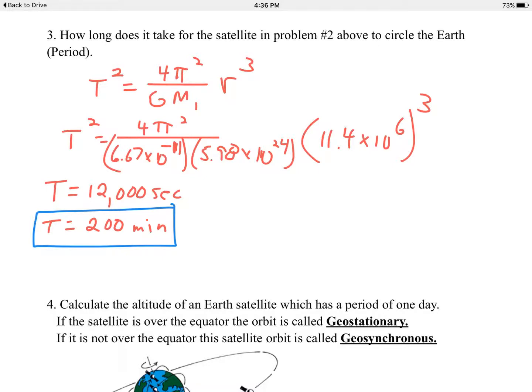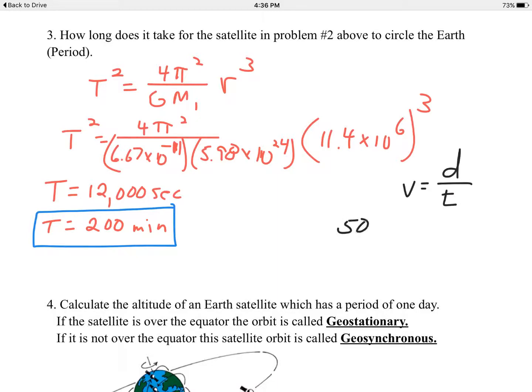Now the faster way to do this problem would have been simply v equals d over t. I'll do it over here on the right hand side. We found in the previous problem that this satellite was traveling at 5,900 meters per second tangentially.